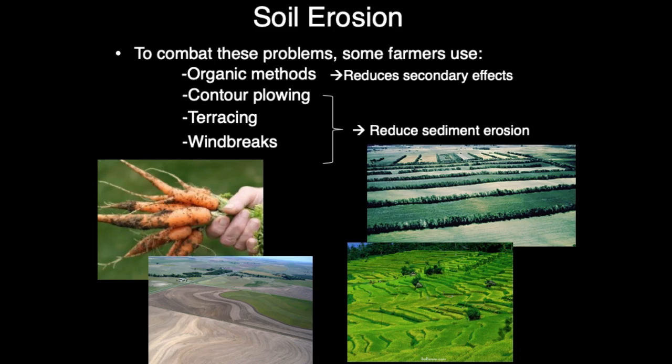Contour plowing doesn't allow for water to accumulate into rills and gullies as easily, and for wind patterns to erode only so much at one time, depending on the direction that the winds are blowing. So it does make it a little harder for those erosional agents to in fact erode.